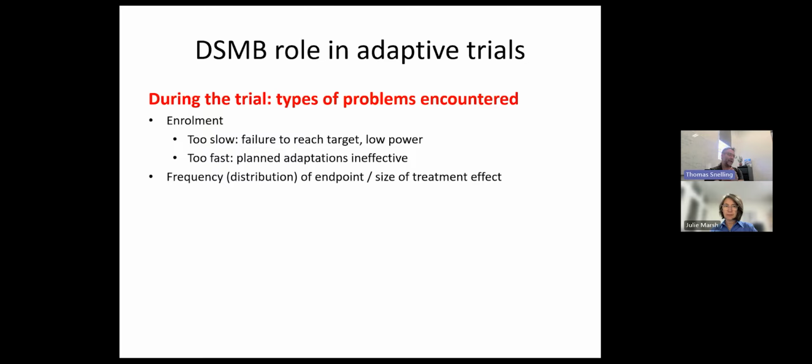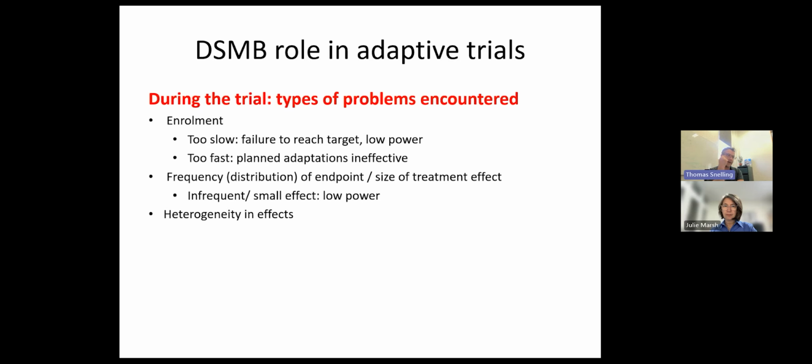Another frequent issue that arises is with regards to the frequency of the endpoint or the size of the treatment effect. Typically, the endpoint or the outcome is less frequent than anticipated. Sometimes the observed effect is smaller than the investigators were optimistically hoping for, and that has an effect on power.